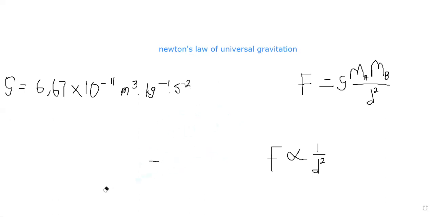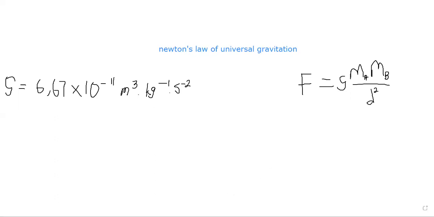So basically, that's it. What you need to know about Newton's law of universal gravitation is the formula, and there's also this other formula when you're calculating the force of the earth.